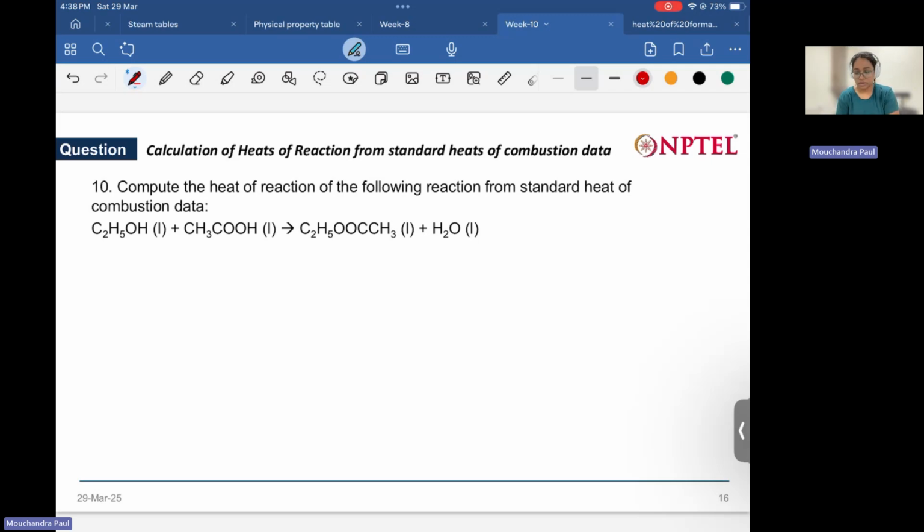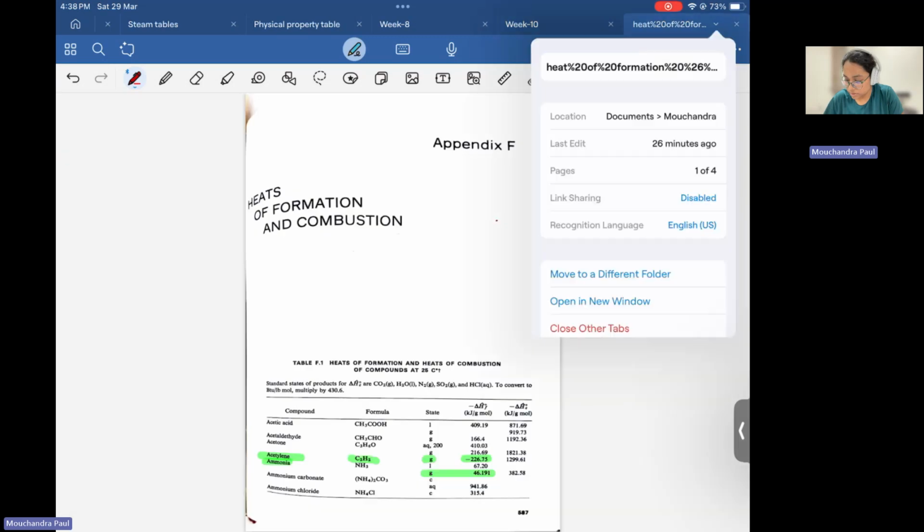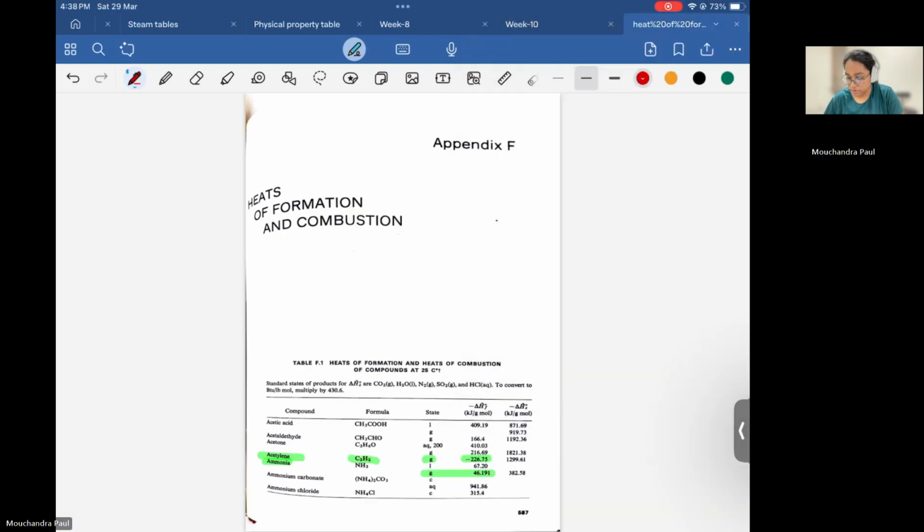So here, in this particular question, we have to calculate the standard heat of combustion. From the standard heat of combustion, we will use this table correspondingly, just like we did for the previous ones.